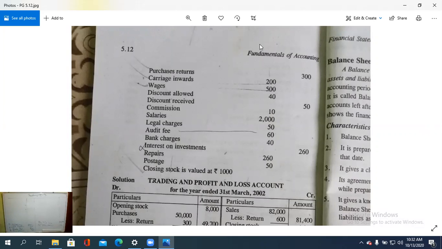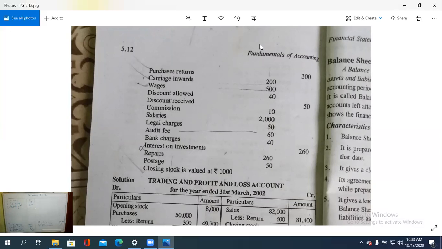So this is a continuation of the P&L because the board size is not enough. So to commission, that is on the debit side. If a commission is coming, it is known as what? Commission paid. Then to legal charges, how much? 50, because salary we have taken already. To audit fee, how much? 60.